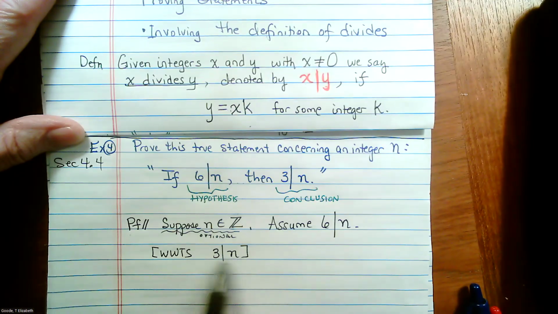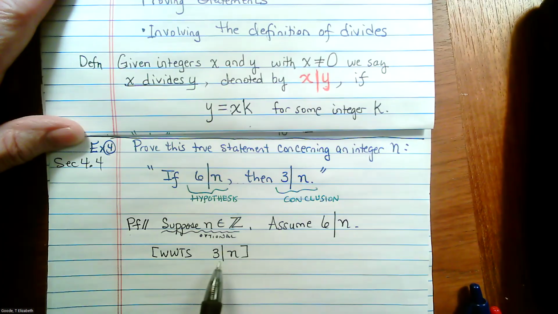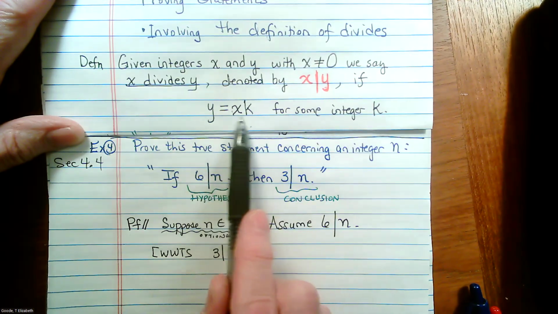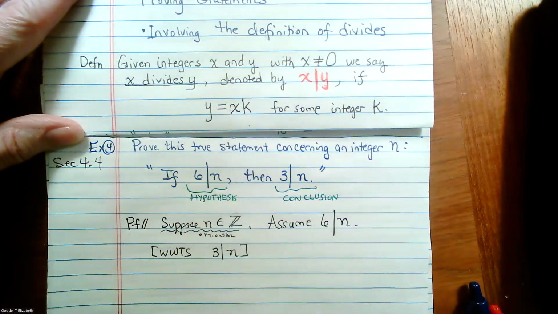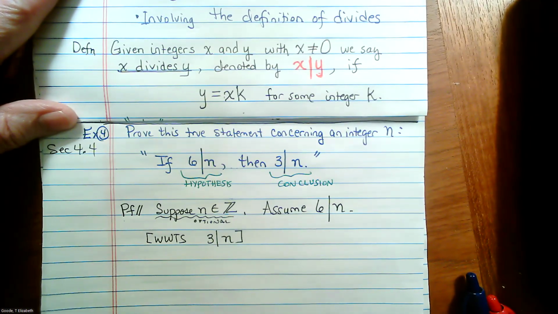We're going to come back and revisit this wish, because it's great that you know that's what we wish. What's greater is to know what this actually means in terms of the definition of divides. All right, here we go.